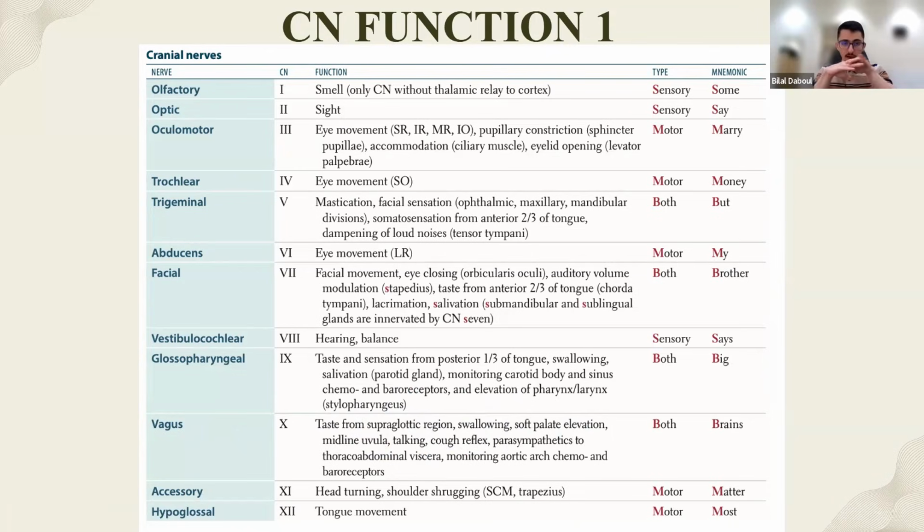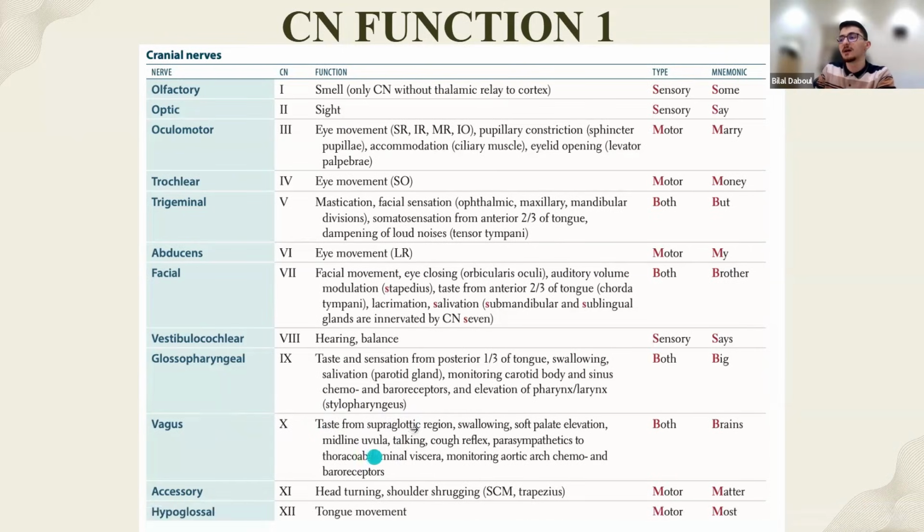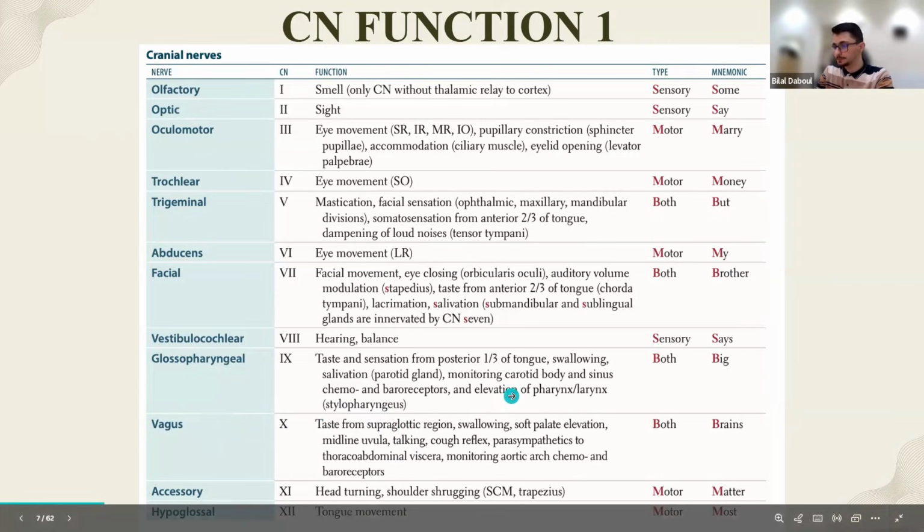The dorsal aspect, or the supraglottic region, actually contains taste receptors because once the food passes, it slides down the dorsal aspect of the epiglottis. And this part is a very minor taste function, but it receives taste from the supraglottic region.